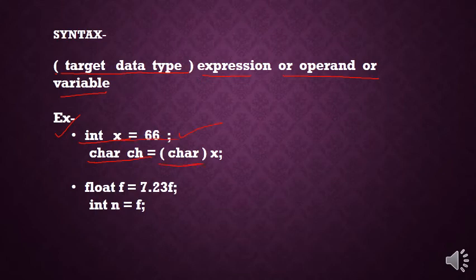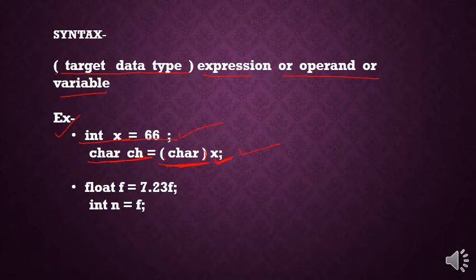Target data type, means the data type in which you want to convert. So we want to convert the integer into char. So in parenthesis you write the char, and here write the expression or operand or variable. So here you write the variable x. So the resultant value is stored in which data type? Char. So here you write what? Char ch. So x, the integer, is converted into the character data type.